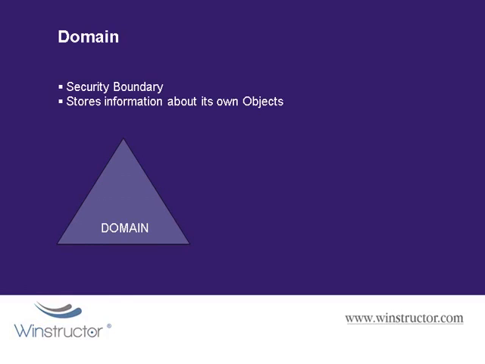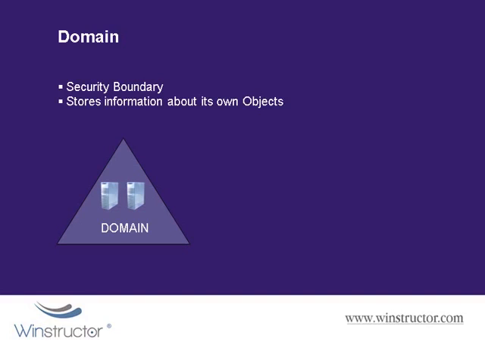Okay, next we have a domain, which is depicted by the triangle here, and that's how you'll see them referenced in many books and in Microsoft's own documentation. Active Directory uses domains to reflect your company's organization. Domains form a security boundary around the objects that they contain using access control lists, or ACLs, and security policies to permit or deny access to objects inside the domain.